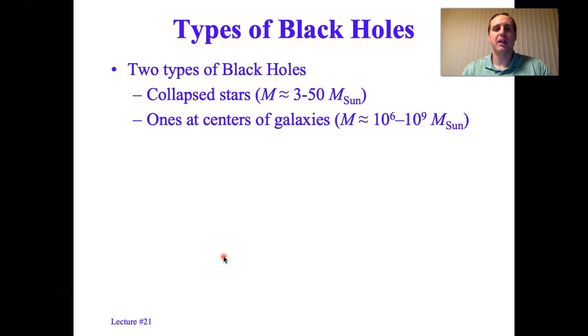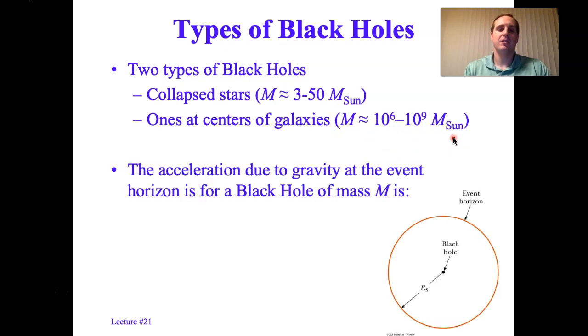Now, what about types of black holes? So as far as we know, there are 2 types of black holes: collapsed stars and ones at centers of galaxies. Ones that are collapsed stars are about 3 to 50 or so solar masses. And then the ones at centers of galaxies are about 1 million to 1 billion solar masses.